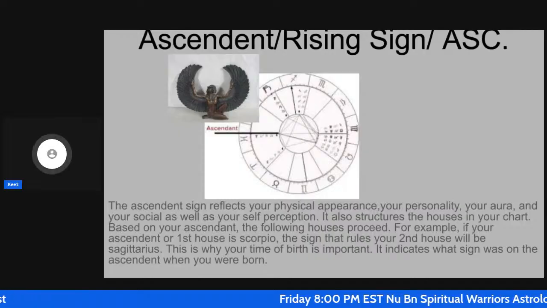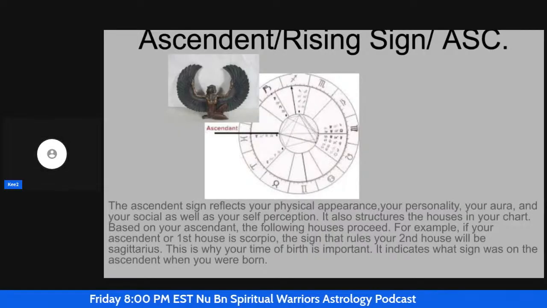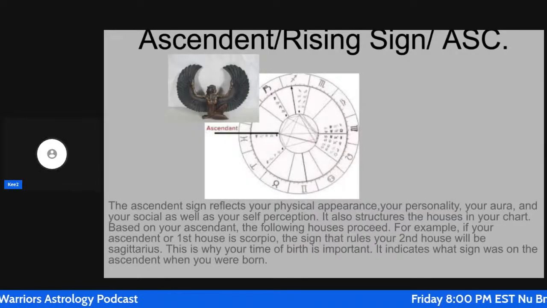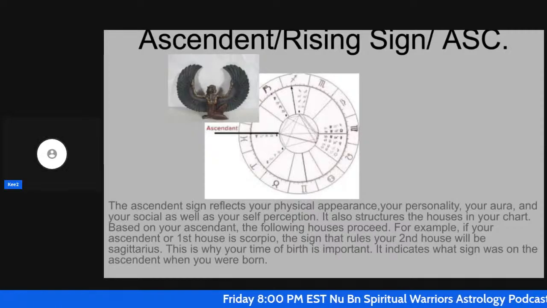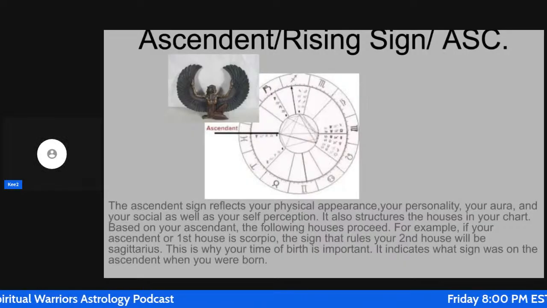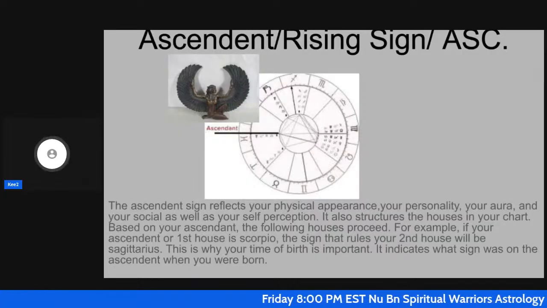It also structures the houses in your chart. Based on your ascendant, the following houses proceed. For example, if your ascendant or first house is Scorpio, the sign that rules your second house will be Sagittarius. This is why your time of birth is important. It indicates what sign was on the ascendant when you were born.